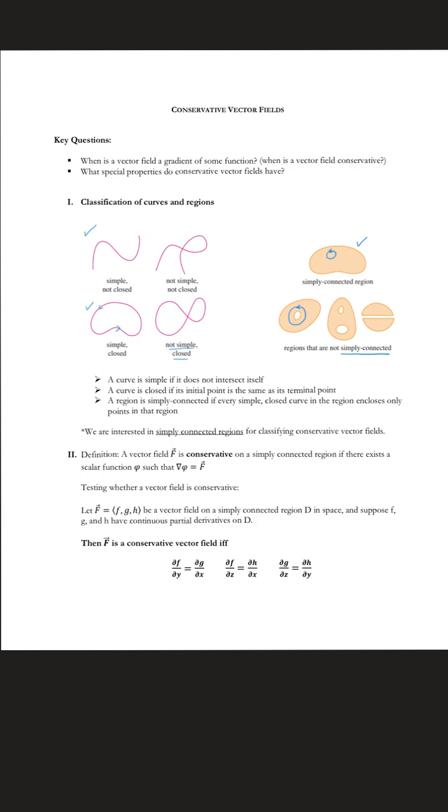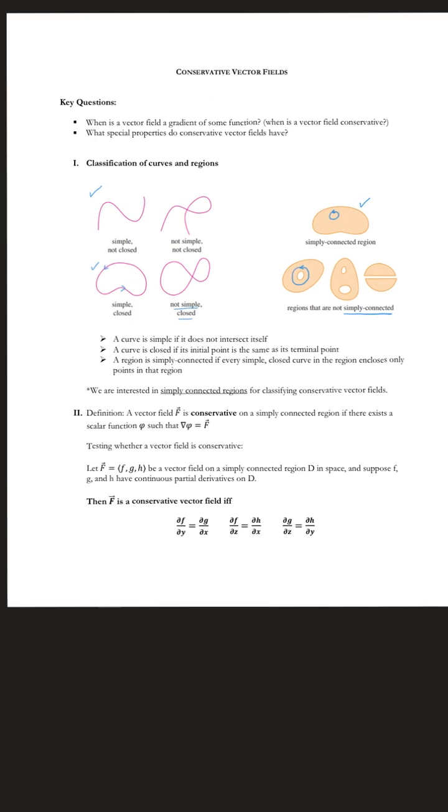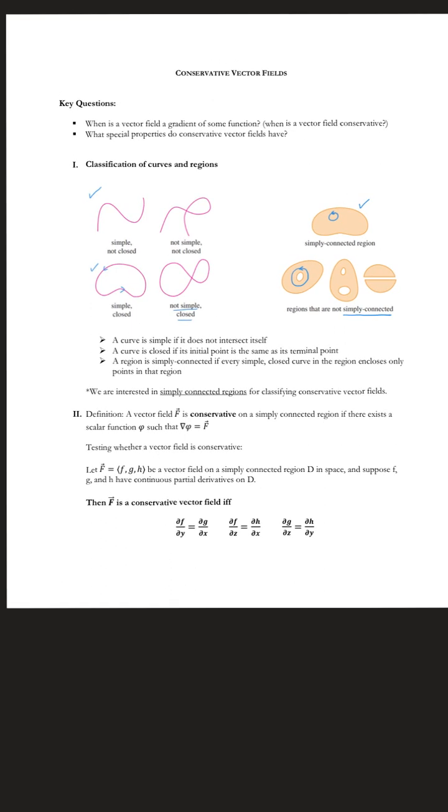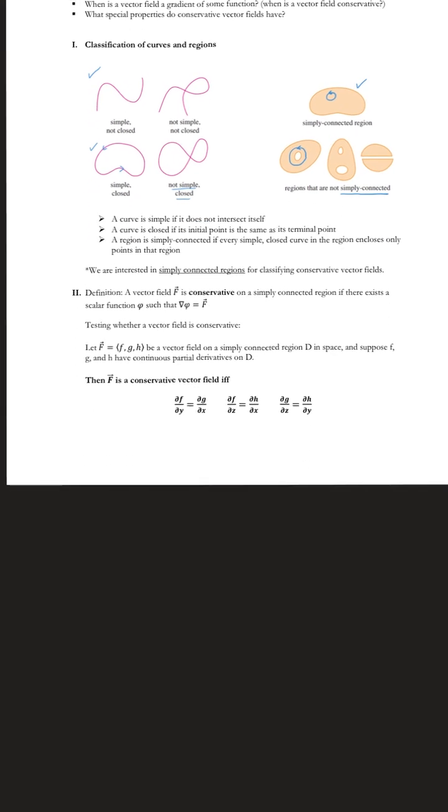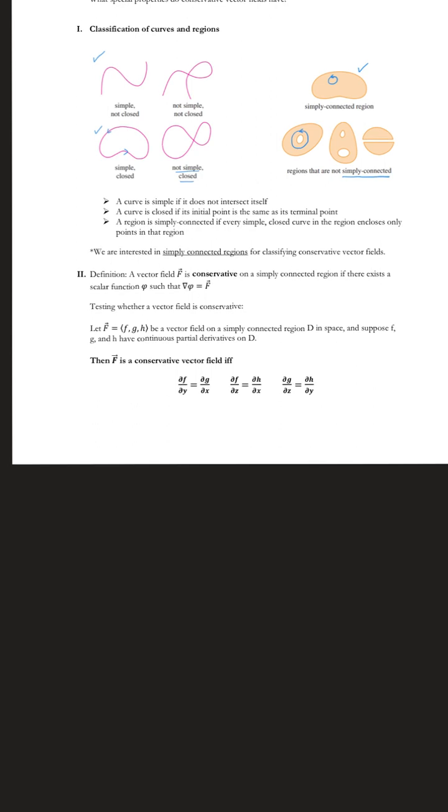The last thing I'm going to talk about in this particular video is a test that we use to determine whether a field is conservative or not. Let's attend to the definition at the bottom. Again, a conservative field on a simply connected region is a field where there exists some function whose gradient is the field.